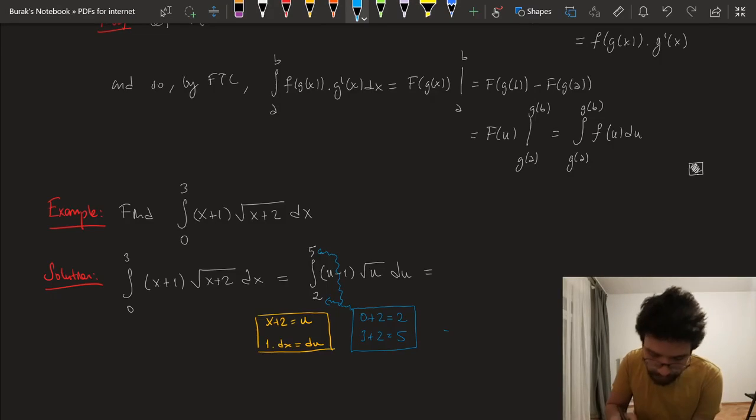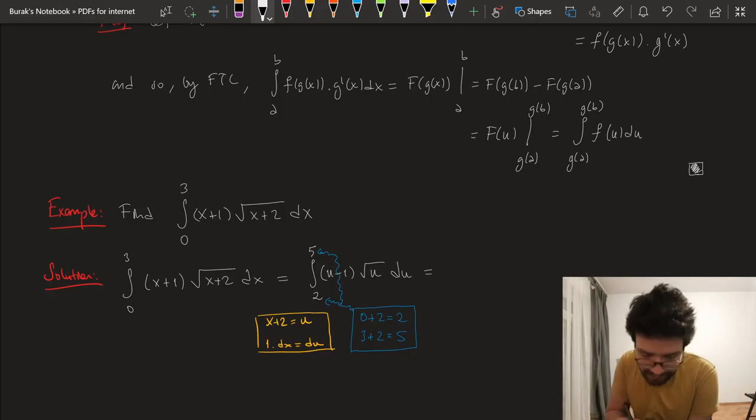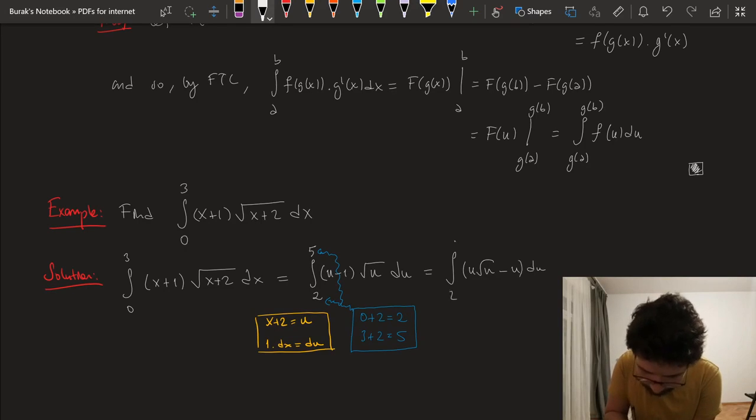Okay, now I want to integrate this function of u, and this is easy to integrate. Why? If you distribute this, this is what you will get, okay? And then this is u to the power 3 halves minus u to the power 1, and I know how to integrate this.